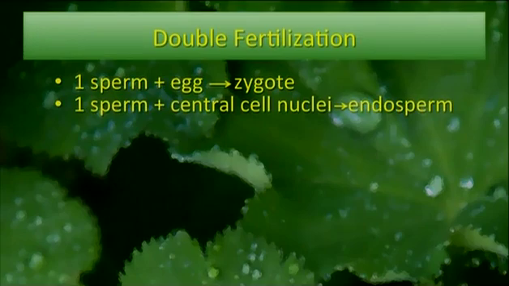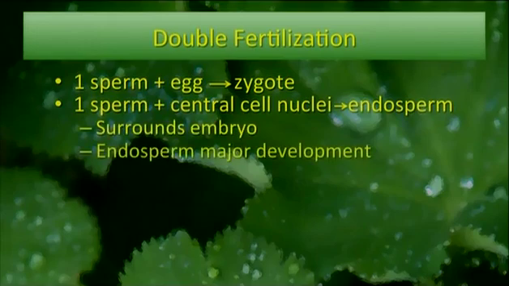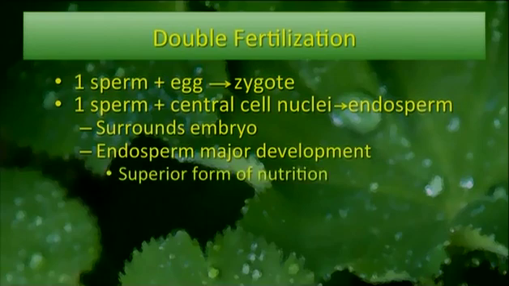So what you end up with is triploid endosperm. You remember endosperm actually surrounds the embryo. The formation of endosperm is a major development in the evolution of flowering plants. This endosperm is a superior form of nutrition for the embryo.